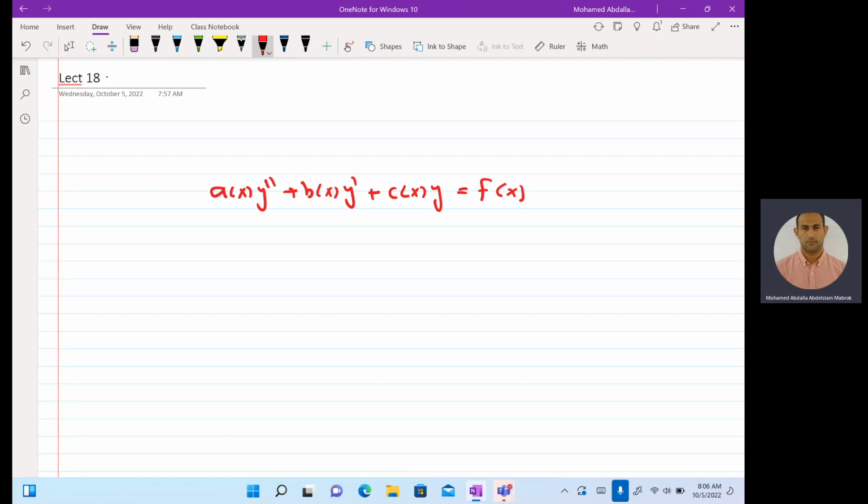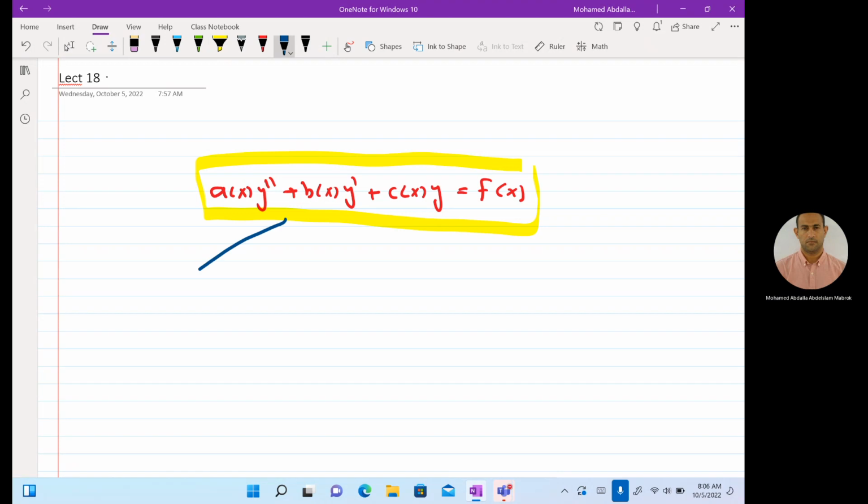And we classified this, or we did this in two big steps, actually. The first step was we took the constant coefficient case, which is where A, B, and C are constants.